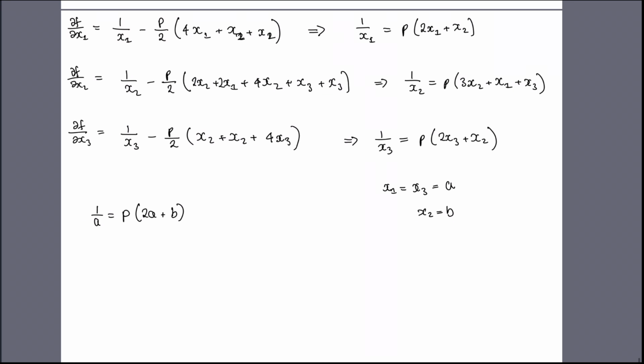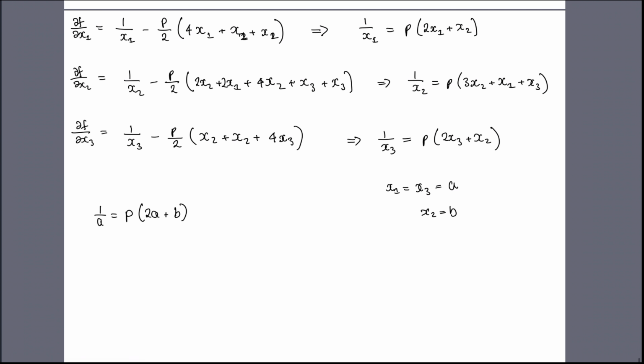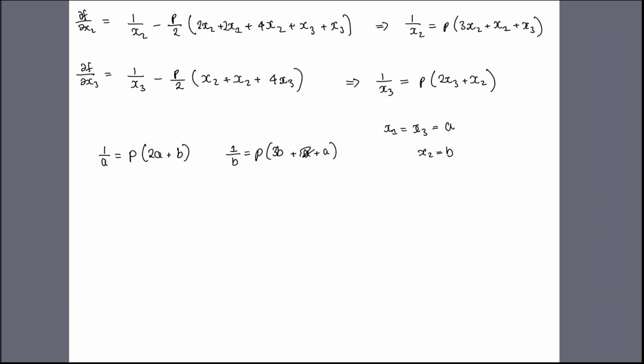If I were to change this, we would get the exact same thing: 1 over a is equal to rho brackets 2a plus b. So I've eliminated, in a sense, this equation. And if I rewrite this equation, we get 1 over b is equal to rho brackets 3b plus a plus a, which we can just write as plus 2a.